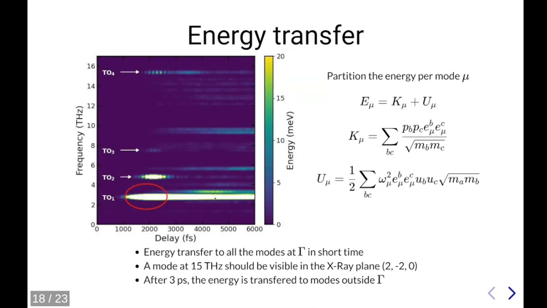This gradual population of all the phonon modes is depleting the energy of the original mode, and in this way we have a damping mechanism occurring even if we are not putting any damping in our simulation, because energy is automatically flowing from the phonon that we pumped into all the other modes in the system.